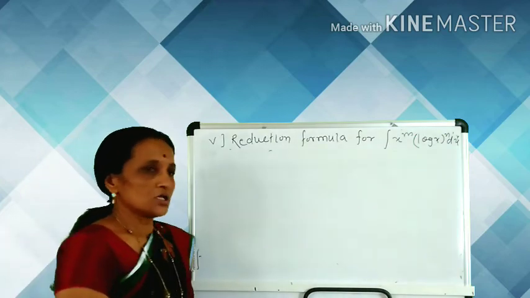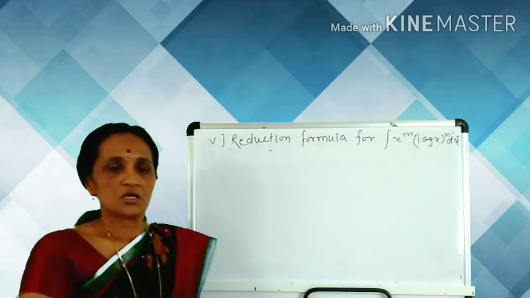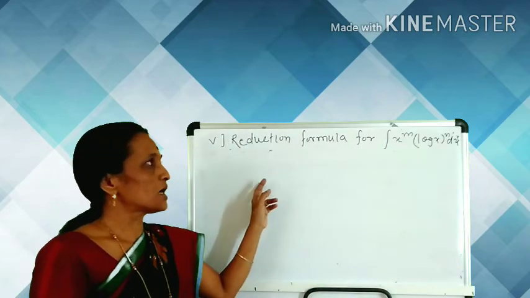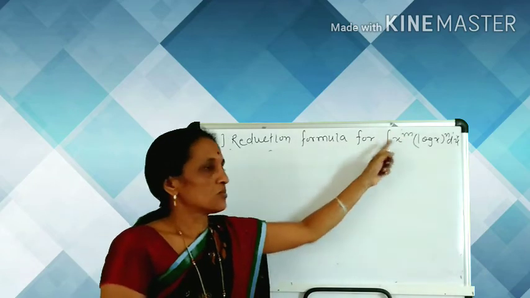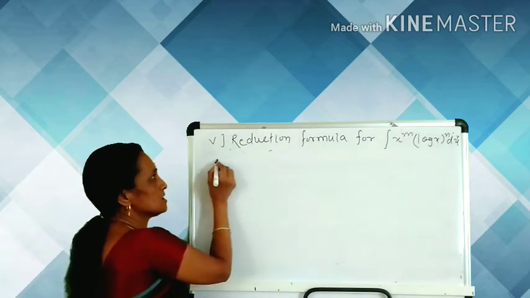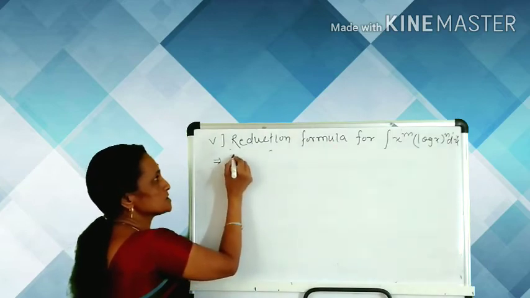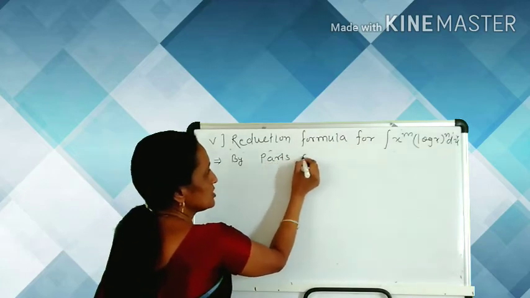In this formula also two functions are given, and in any reduction formula for the product of two functions we use the by parts rule. The method is the same, so in the solution we consider the by parts rule.